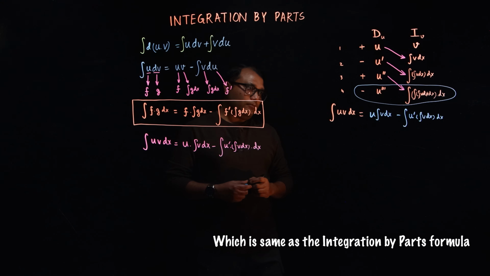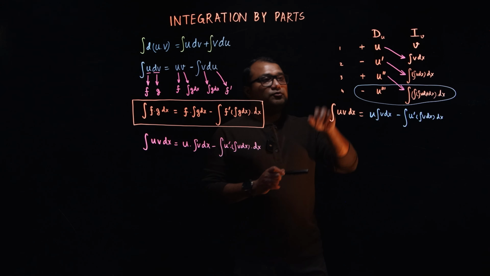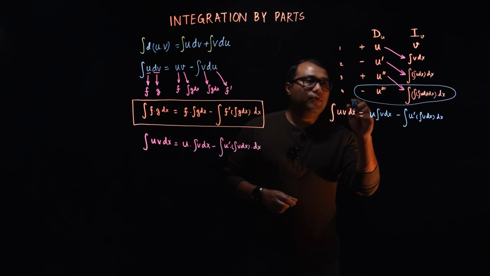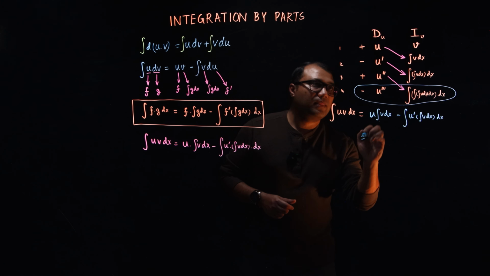Okay. Let's suppose instead of stopping at step number 2, we stop at step number 3. Then how will we evaluate this?